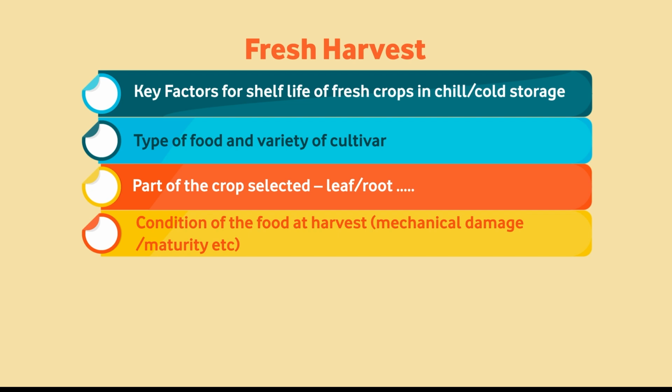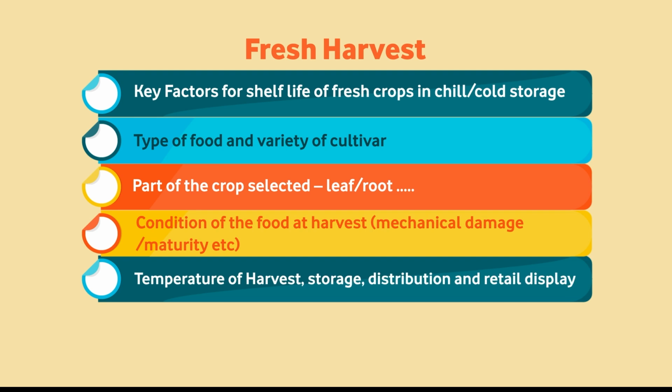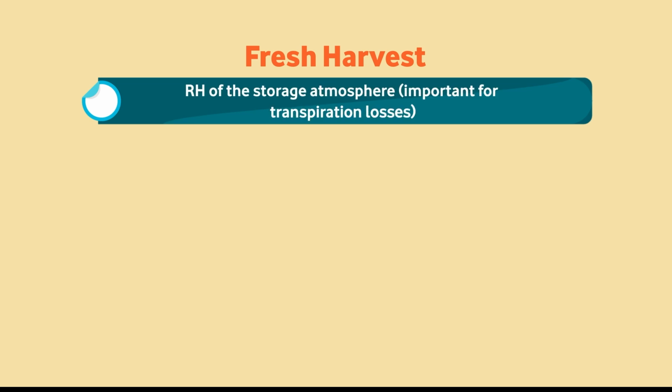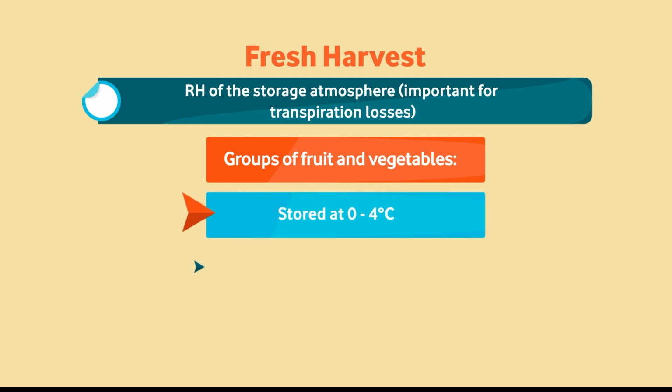Then the temperature of harvest, and before you lower the temperature, how long it has been exposed to field temperature or an elevated temperature. Storage conditions, and what conditions are maintained in the retail supply chain. RH is very, very important, because transpiration loss is connected with RH. If RH is kept high, the transpiration loss would be lesser.